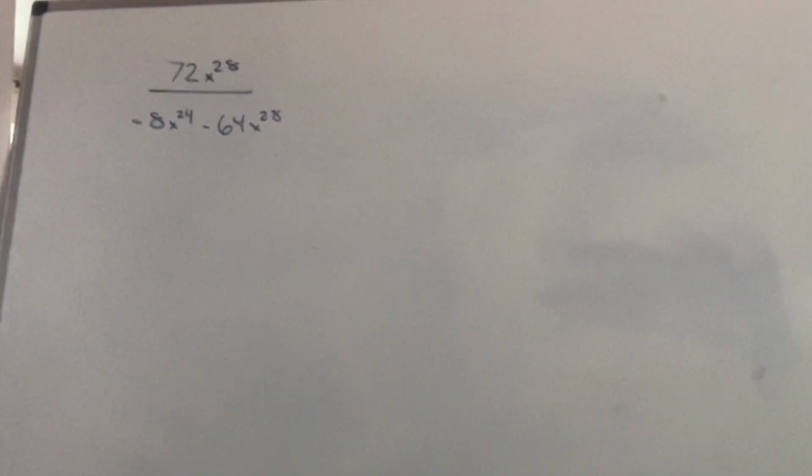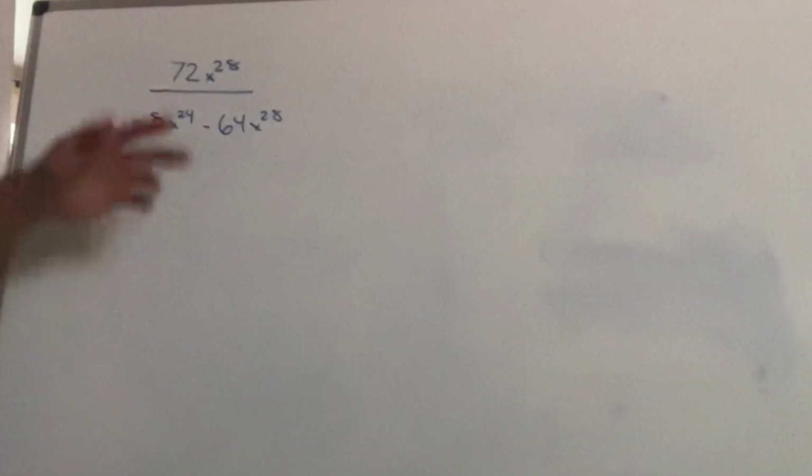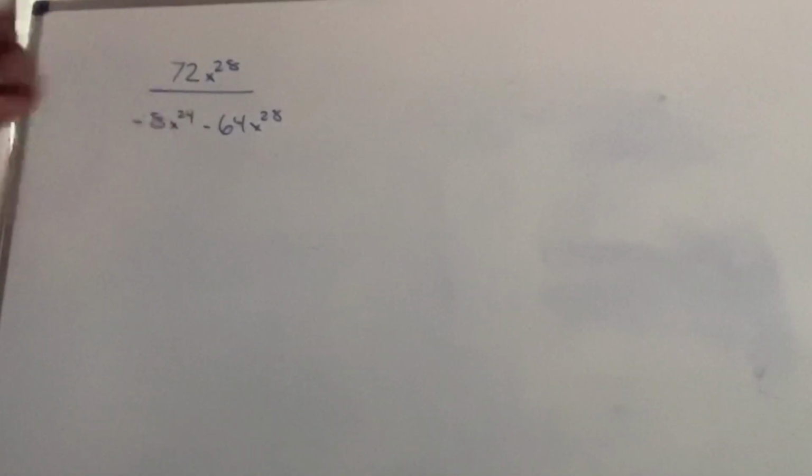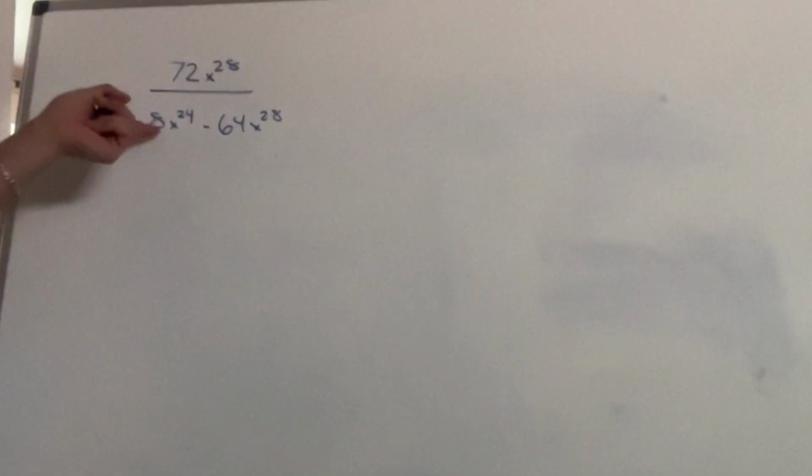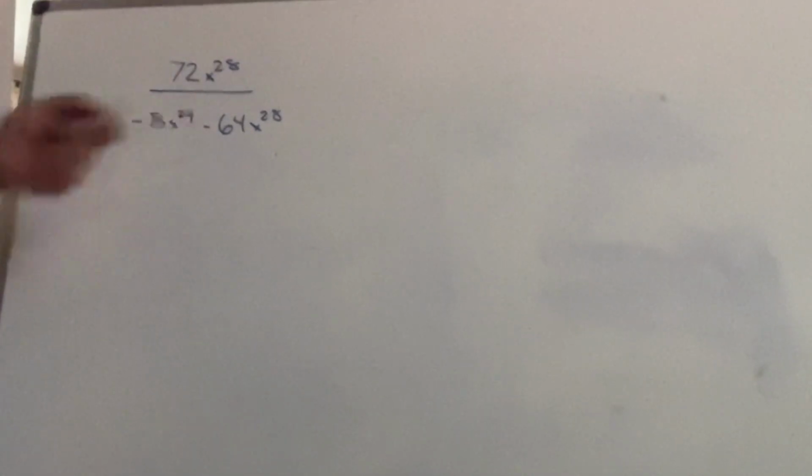Again, it's another challenge, kind of challenge one. So let's start with the bottom, because it's a little bigger. Alright, let's start with the numbers specifically. What do 8 and 64 have in common? Well, 8 squared is 64, so that means we can factor out an 8 from here and here.